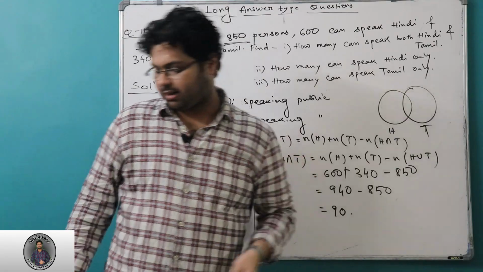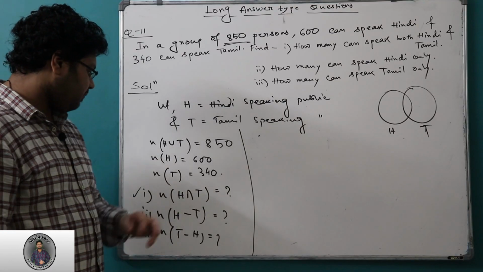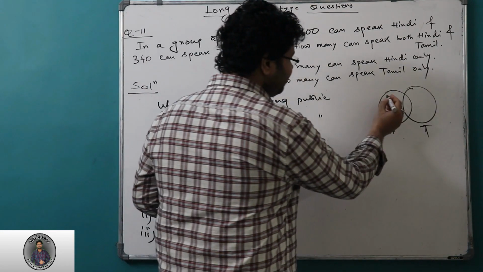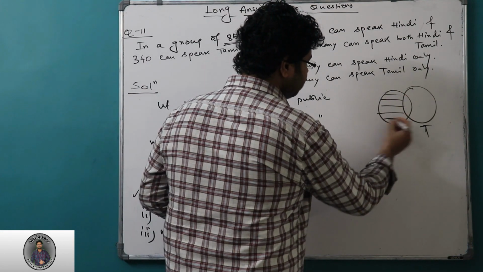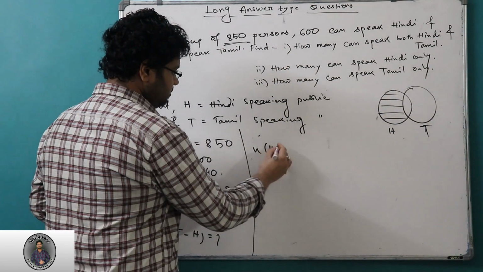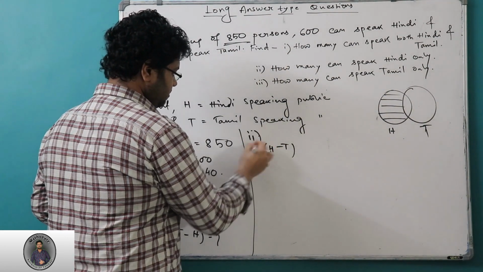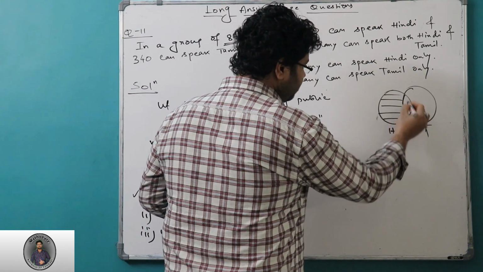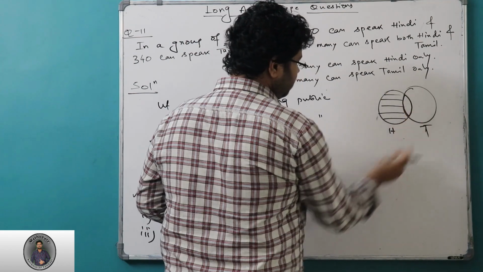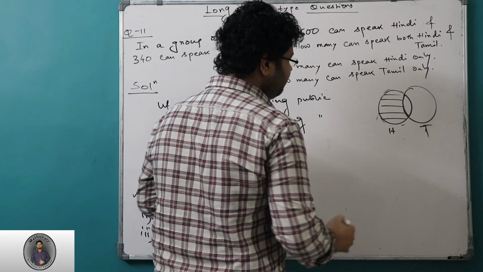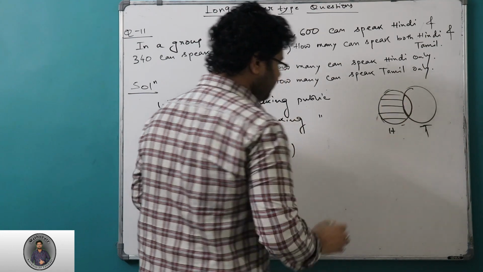Now we are coming to the second one. The second one is n of H minus T that we need to find. H minus T is this region. How can we find it? If we subtract this overlapped area from the whole Hindi speaking public set, we will get the required region.